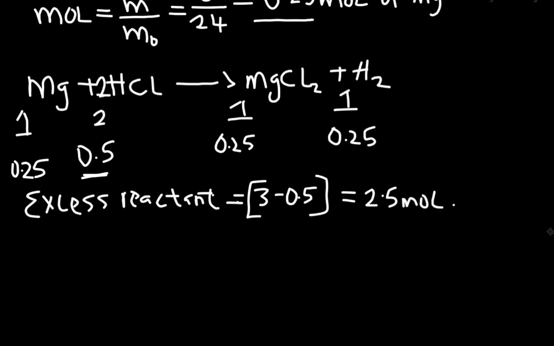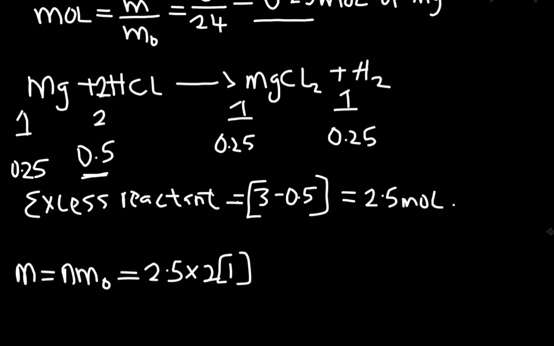Lastly, the fourth and last step, we'll solve for the mass, and the mass in this case would be mole times molar mass. So our mole is 2.5, and the molar mass of hydrogen is 2, that is, 2 times the atomic mass of 1.